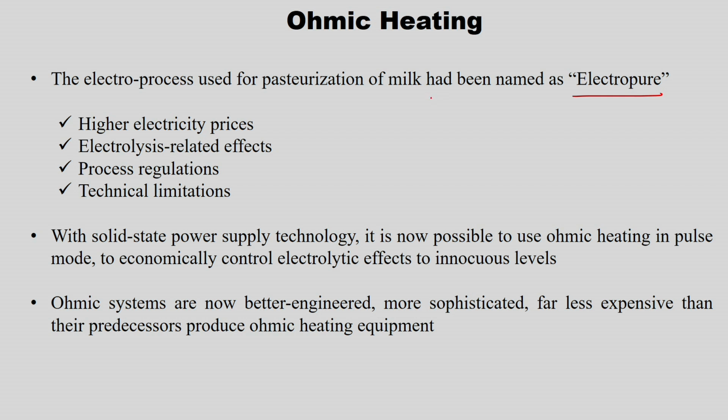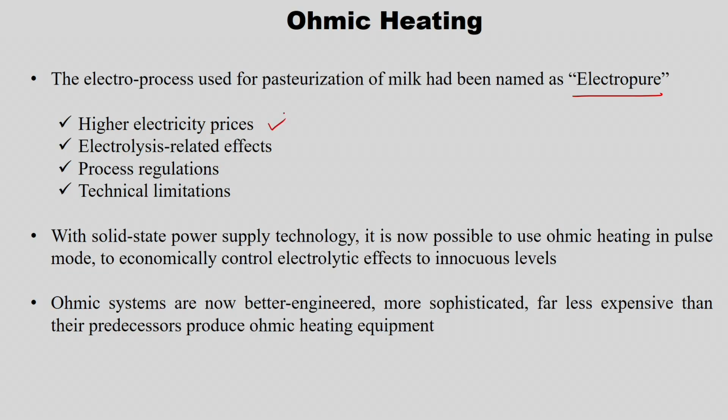The electro process used for pasteurization of milk was named electropure. The pasteurization of milk using the ohmic heating technique is called electropure, and after ohmic heating got well established, there was a drop in using the technology commercially due to higher electricity prices and electrolysis related effects.